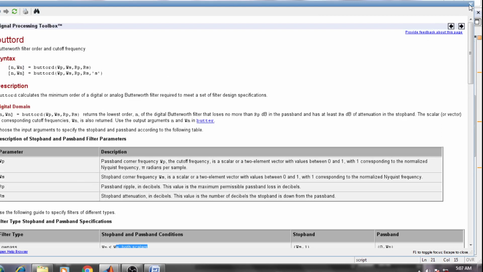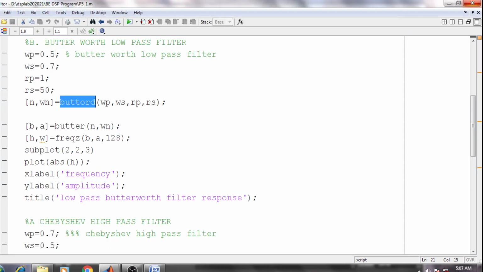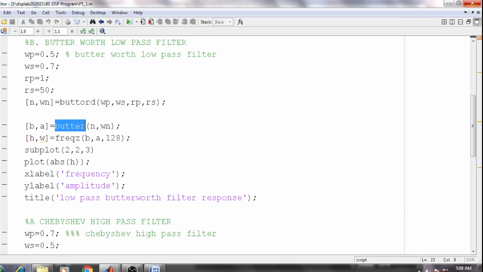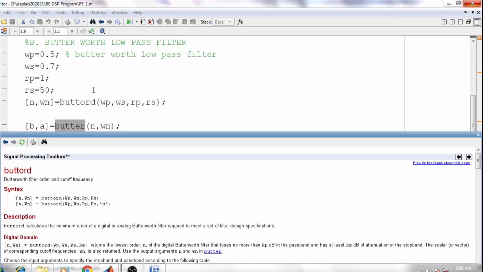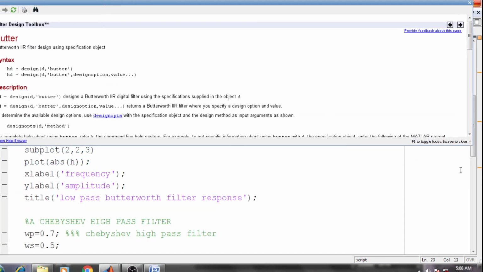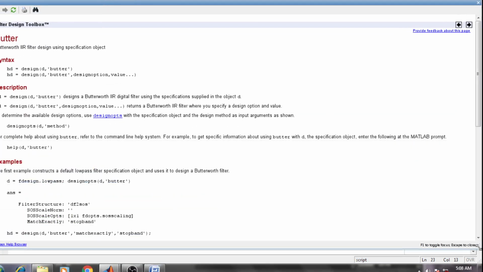But buttord only gives you the order of the filter and the cutoff frequency. These two things we now pass to the butter function. I am opening the butter function again, and you see this butter function is very similar to cheby1.